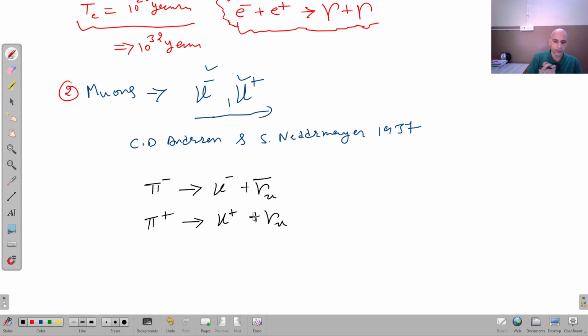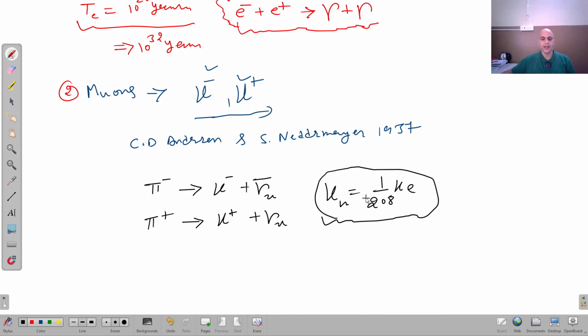So I told you about the mass, spin, production. Their magnetic dipole moment will obviously be smaller because their mass is higher than the mass of the electron. So their magnetic dipole moment mu will be equal to 1 upon 208 times the magnetic dipole moment of the electron, right? Because their mass is higher, right?